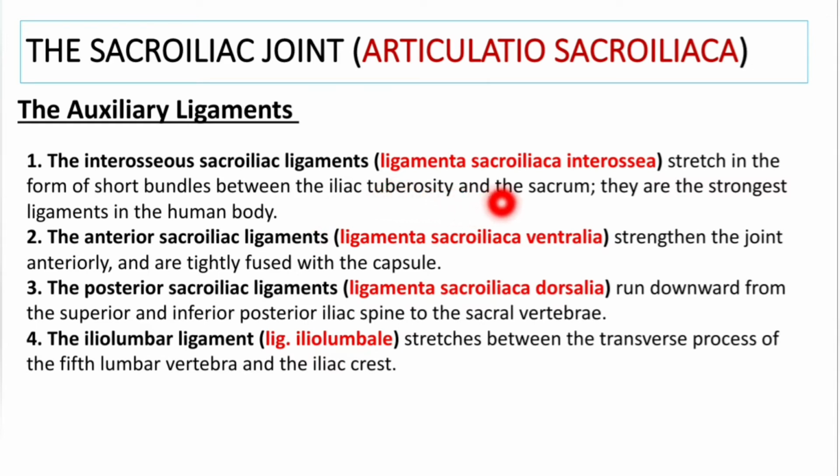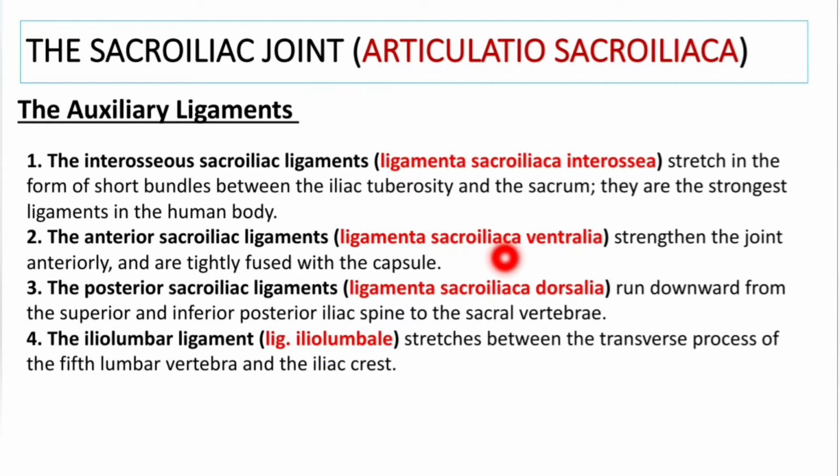They are the strongest ligaments in the human body. Next, the anterior sacroiliac ligaments, ligamenta sacroiliaca ventralia, ventral, anterior, same thing. They strengthen the joint anteriorly and they are tightly fused with the joint capsule.